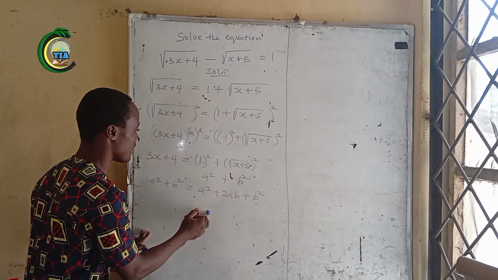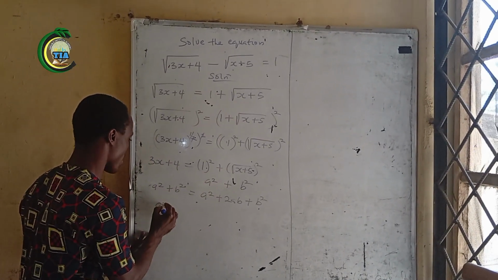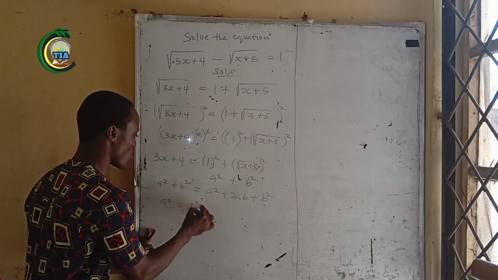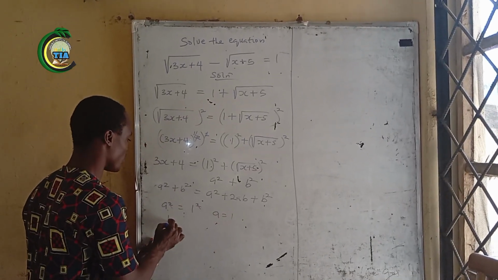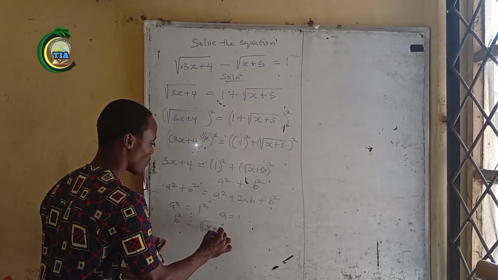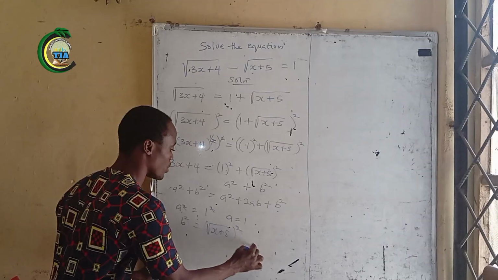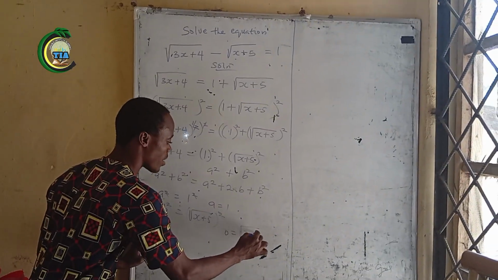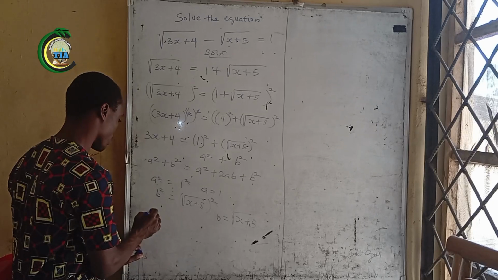Then this implies that a square is equal to 1 square, which we cancel square. We have it that a is equal to 1 and b square is equal to root x plus 5 all in brackets. So square cancel square, we have b is equal to root x plus 5.